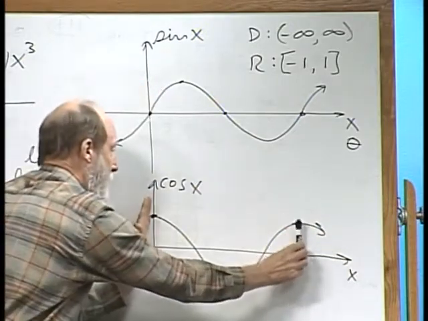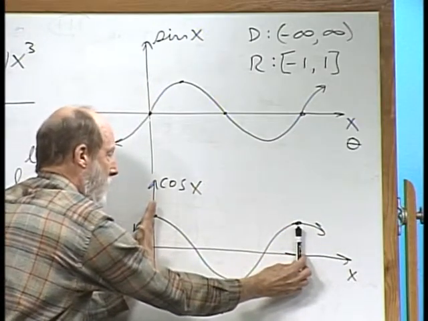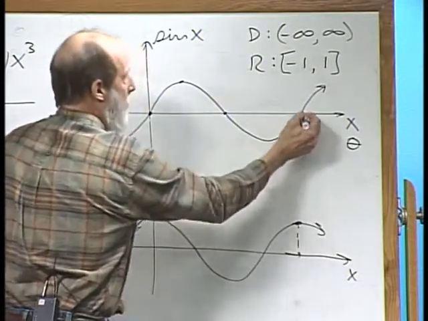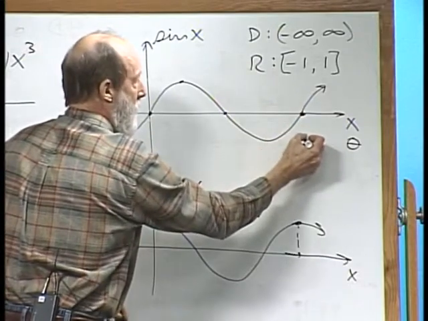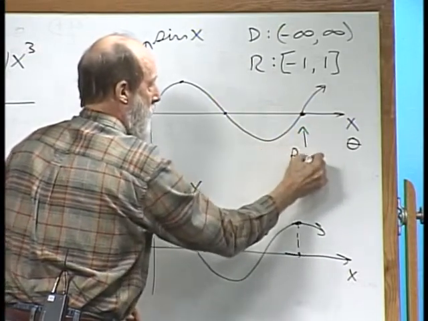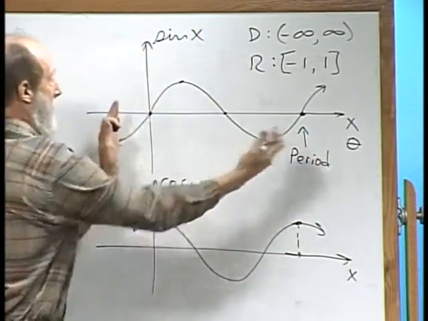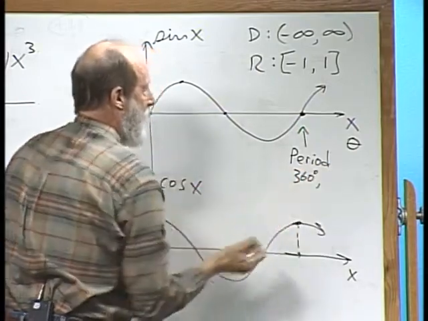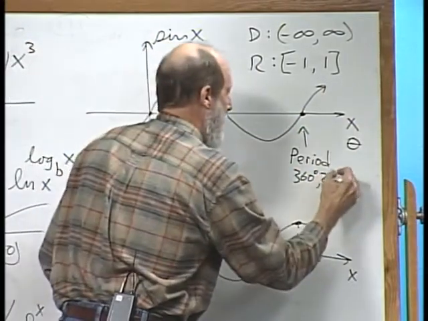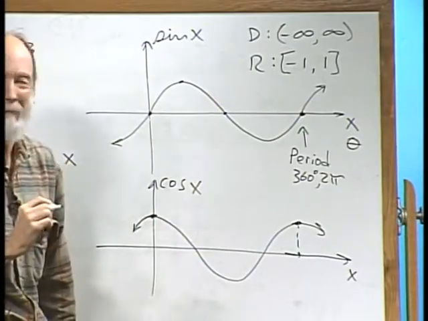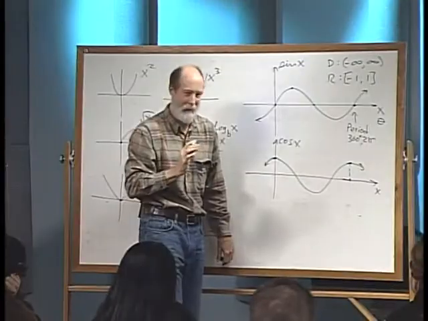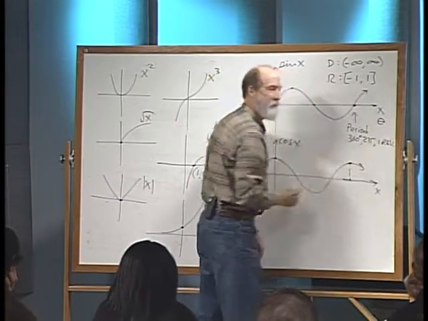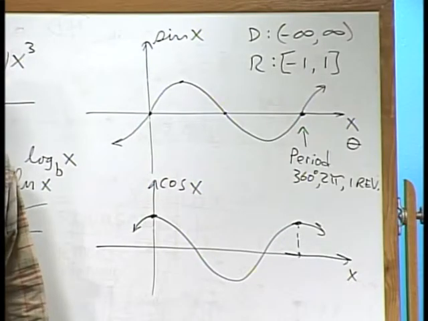So the graph takes this much of an interval for it to finish a cycle. We call that the period. What's the period? What's this length? 360 degrees would be another way of describing it. 2 pi, and we mean that to be radian measure. Or we could even say 1 revolution, couldn't we? 1 revolution.